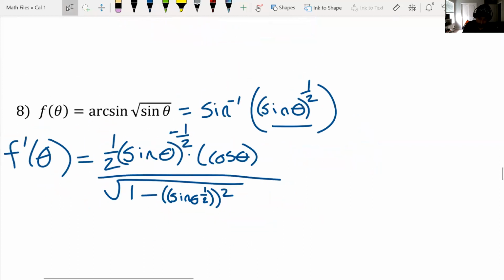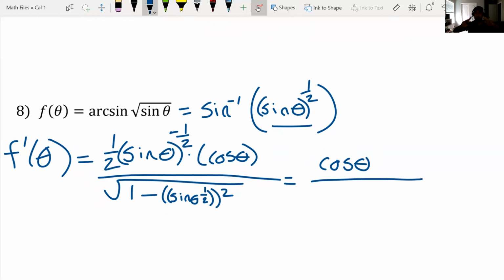Okay, cleanup time. You get, let's see, I'm going to keep cosine theta at the top. And then to the bottom, it's going to go with the 2 and the sine theta to the negative 1/2.